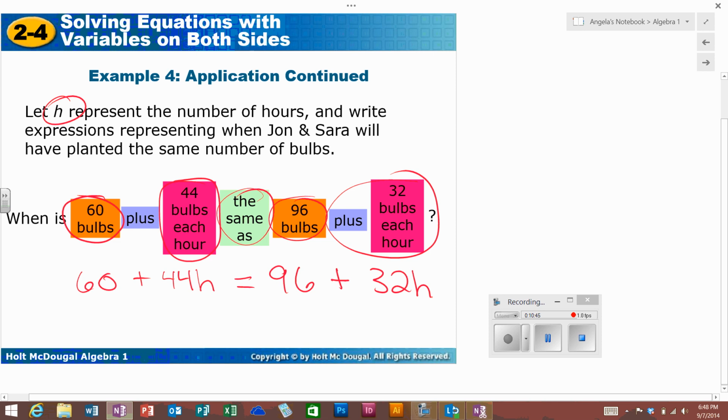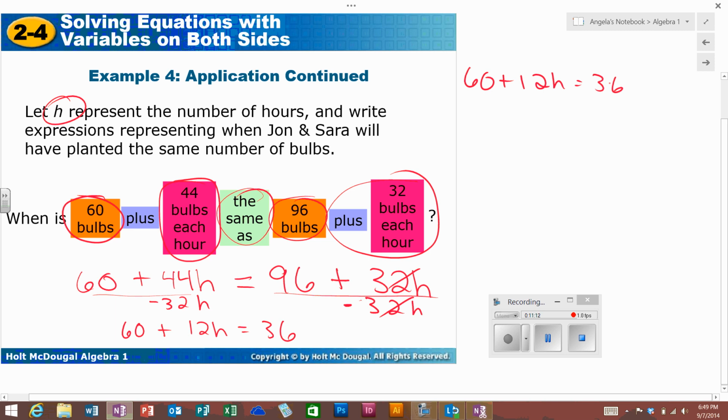We want to find out when will H make these two sides equal. So let's move this 32H over because I want to have my positive variable on one side. So I get 60 plus 12H equals 36. Okay, I'm going to rewrite this over here so that I have room.